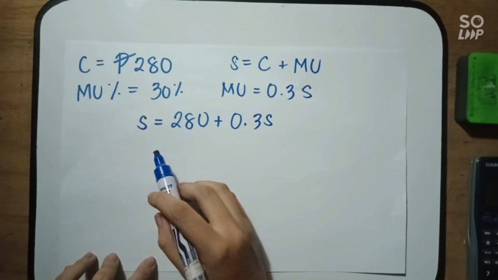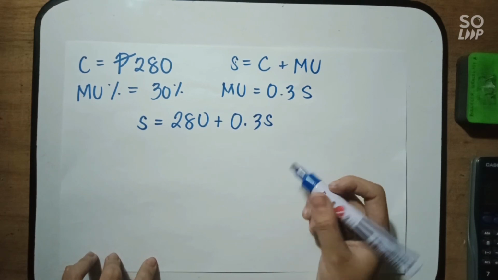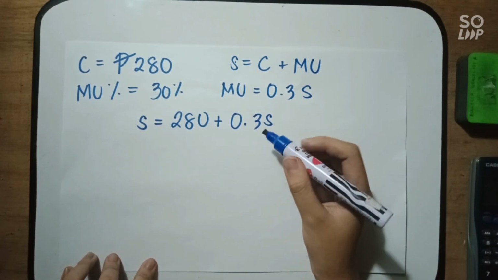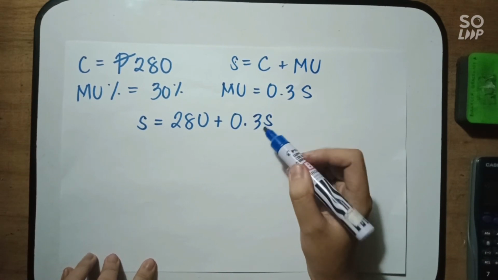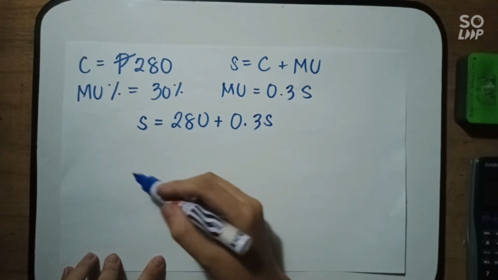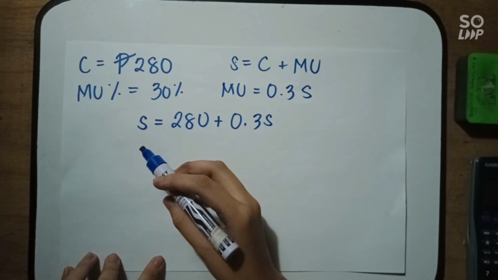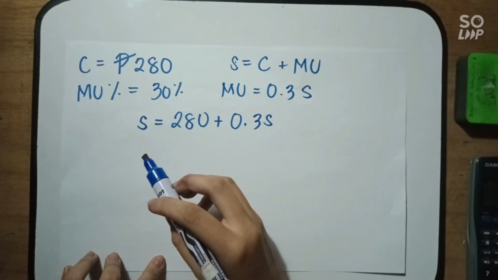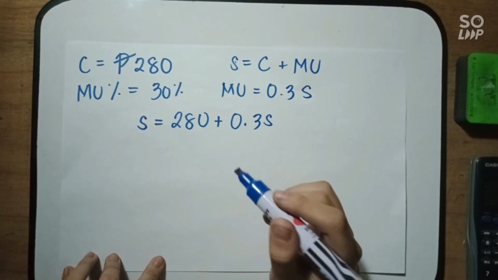In this situation, what we are going to do is combine the like terms. The like terms here are S and 0.3S. Combine the like terms by transposing the 0.3S to the other side of the equation, changing its sign.